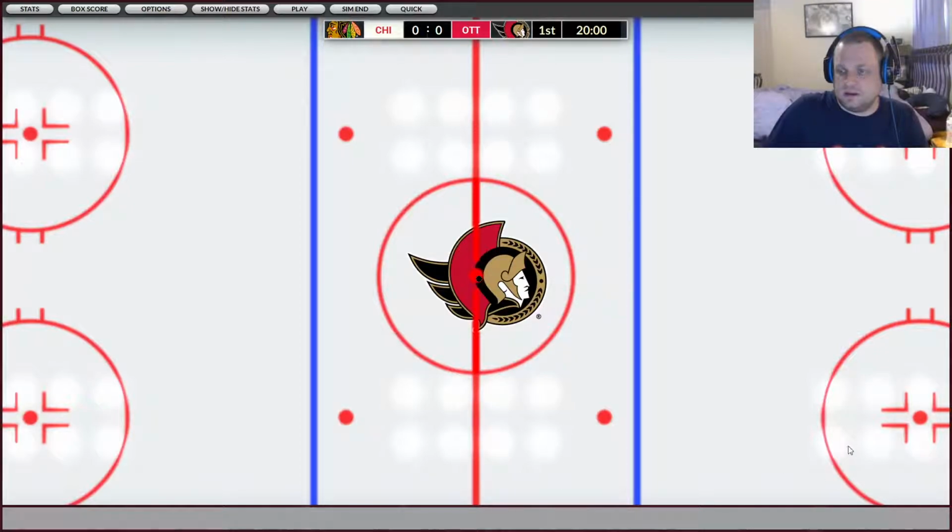So if you do it from here, coming from the right, you skate, you come here, you dump it all the way in the corner, that's an icing, so that's not good. Now if you go all the way over here and you send it in the corner, you're fine because you crossed the red line. So all an icing implies is that there's a stoppage of play.